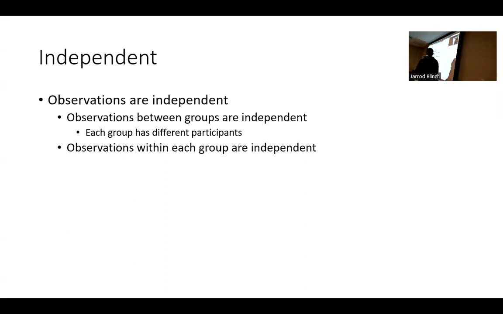Now, the observations within each group should be independent as well. An example of that is, let's say I'm a participant in the study, and I do it. I'm like, oh, that was interesting. And then let's say there was some deception involved in the study. You let me know about the deception, and now I know the secret.